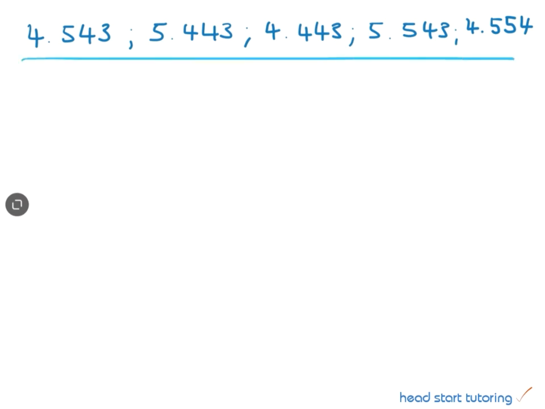If we would like to order these decimals in ascending order, so from smallest to biggest, what we need to do, very similar to how we worked with our percentages, is line up all our decimal points and then line up all our place values, and then we compare these decimals.